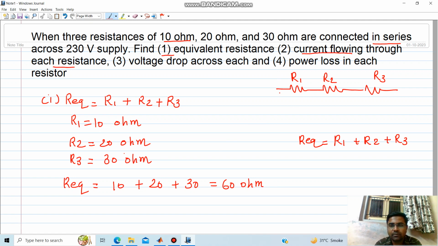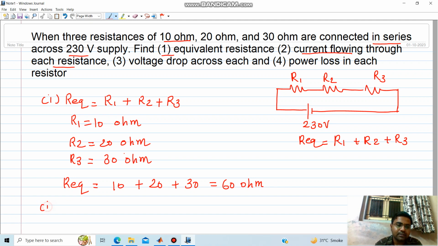For that we have to connect all three resistances across a supply. Now a 230 volt supply is there, and it is not disclosed whether the supply is AC or DC. Considering right now that this supply is AC or DC in nature, let's say we have a 230 volt source, then what will be the current?